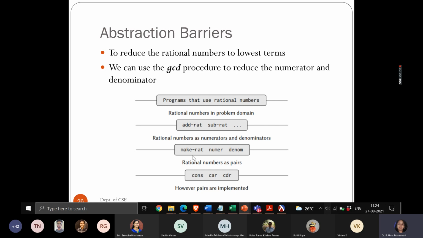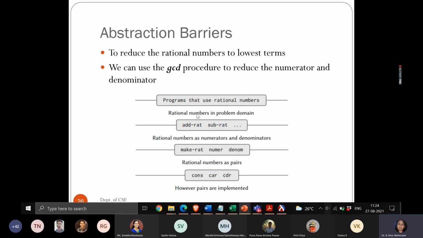With these we make a rational number. We write procedures numerator and denominator, which fetch the numerator and denominator parts of the constructed rational number. And then using these we write add-rat, sub-rat, mult-rat, etc. Your package may consist of all these, so you want to write a big program which will do all the operations on rational numbers.